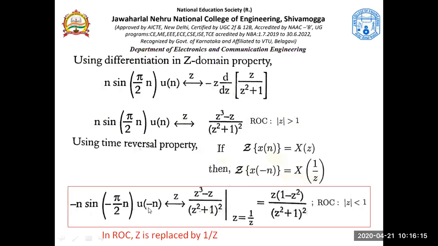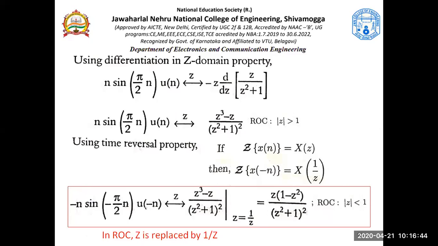Soon after the minus is introduced, on this side z is replaced by 1 by z. It looks like this, and the ROC becomes z less than 1, because even in the ROC z is replaced by 1 by z. So it becomes magnitude 1 by z greater than 1, which is as good as saying z is less than 1. Why did the greater than 1 become less than 1 here? Because this is a negative time sequence, whereas this is a positive time sequence.